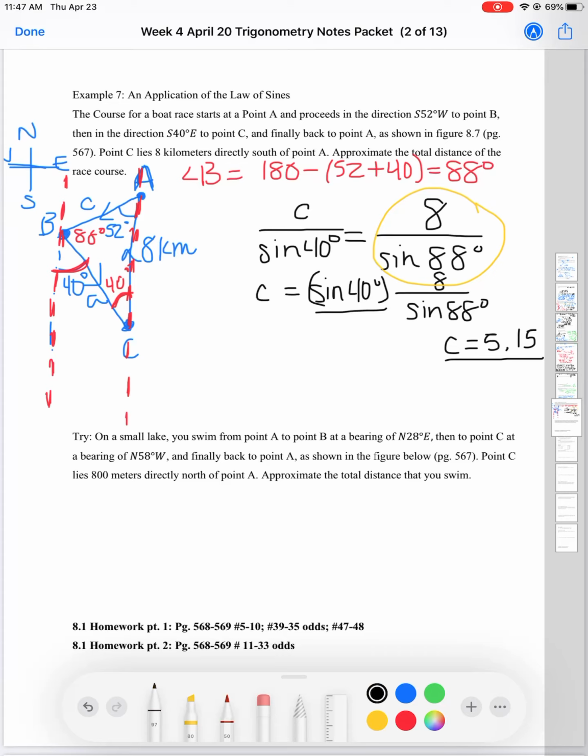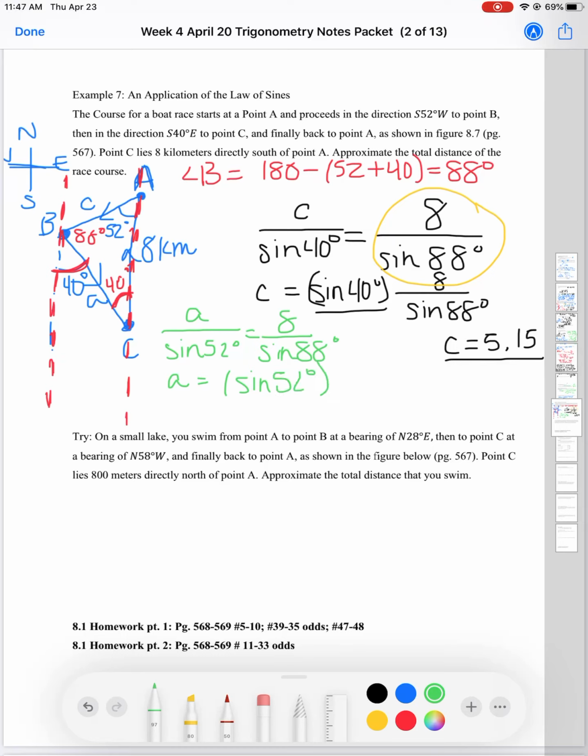So then I'm going to use this again and set that equal to my A fraction. Let's change colors just because. So A over sine 52 degrees is equal to 8 over sine 88 degrees.